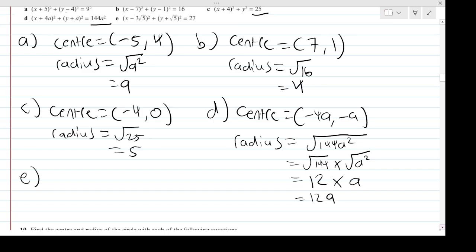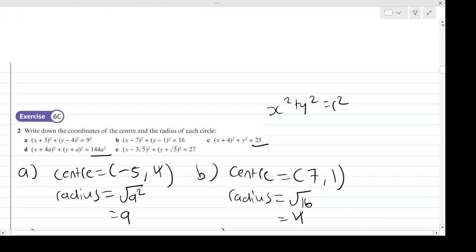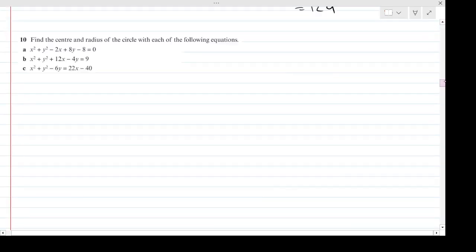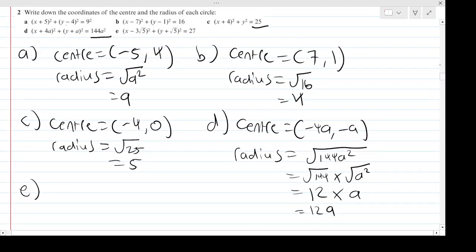Then part E, we have (x - 3 root 5) squared and (y + root 5) squared is equal to 25. Again, for the centre, instead of x minus 3 root 5, do the opposite, so we're going to add 3 root 5.